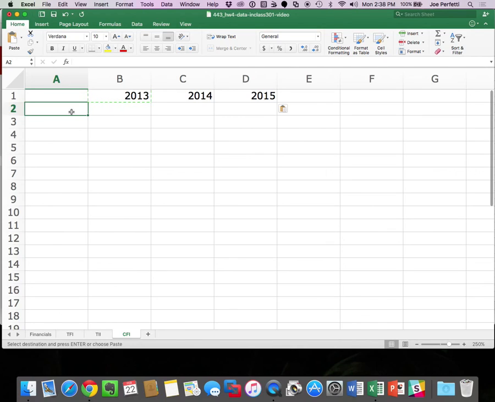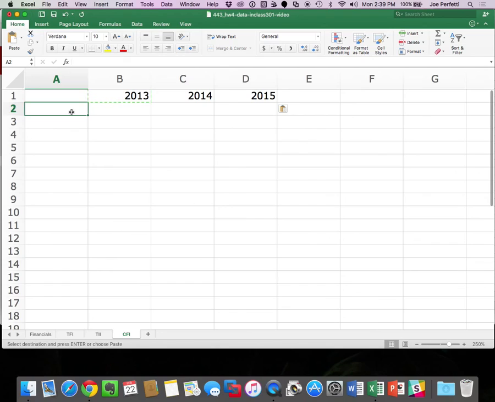So you can give me 3 years of TII, you can give me 3 years of TFI, but you can only give me 2 years of CFI, because again, the cash flow is based on a change in a balance sheet, so you'll need 1 more balance sheet. Now, if I gave you 4 balance sheets and 3 income statements, you could do this. But with 3 income statements and 3 balance sheets, you can only do 2.